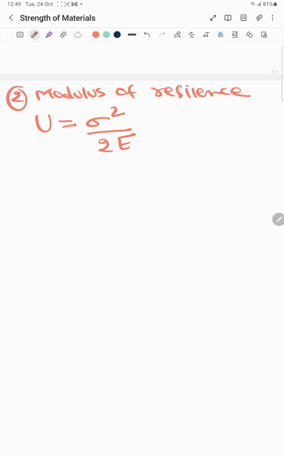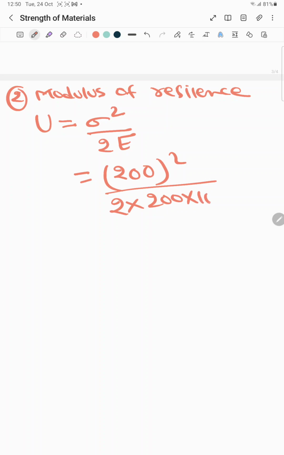Sigma is 200 square upon 2 into E, and 2 into E is 200 into 10 to the power 3. So we get a value around 0.036 Newton per mm square.